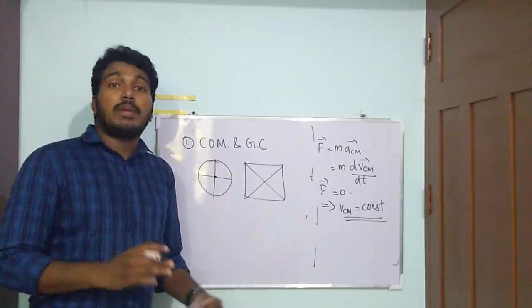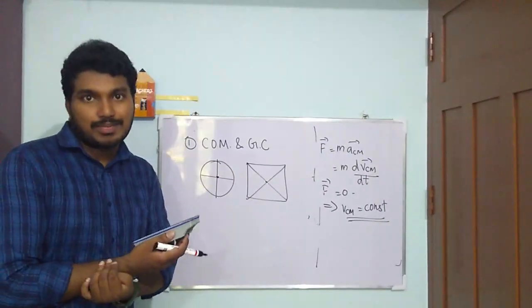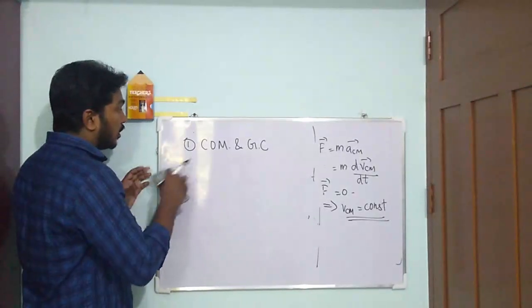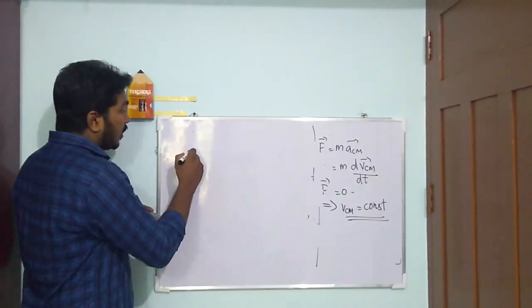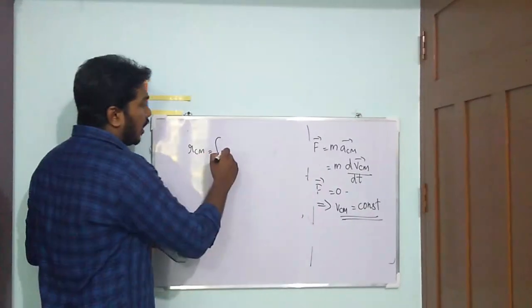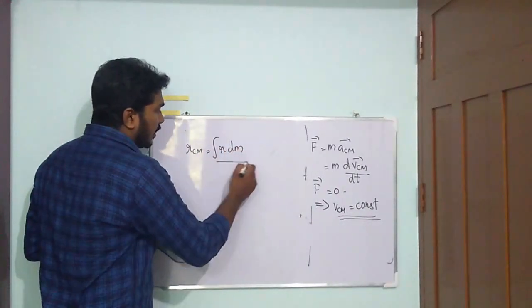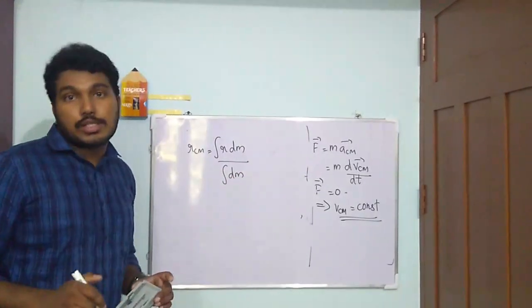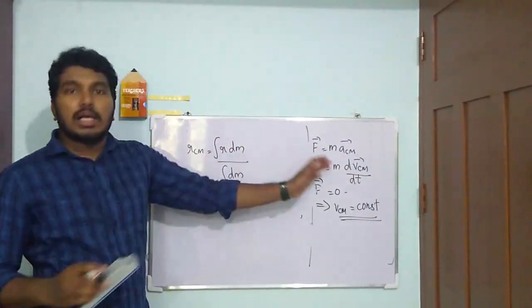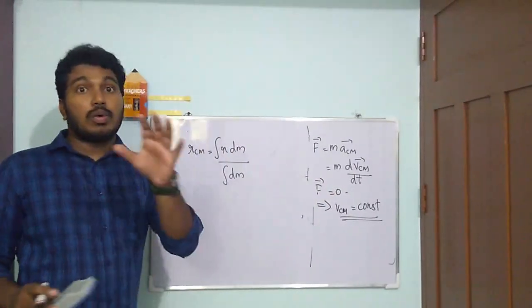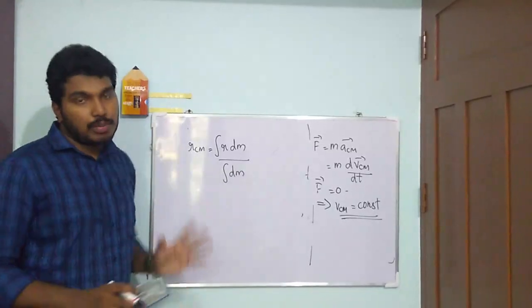Now, if it is not a uniform mass distribution, how do you find the center of mass? To find the center of mass in case of a non-uniform mass distribution, we have this condition, RCM is equal to integral R dm divided by integral dm. For a non-uniform mass distribution, from one end to the other, we can take the integral, apply this condition and find where is the position of the center of mass.